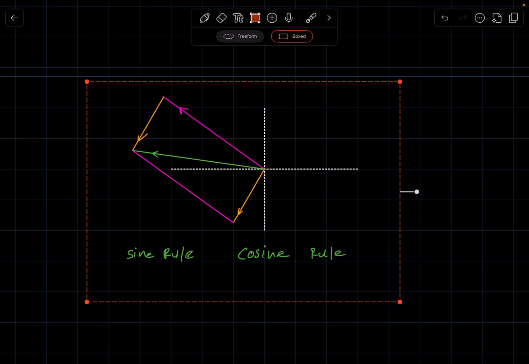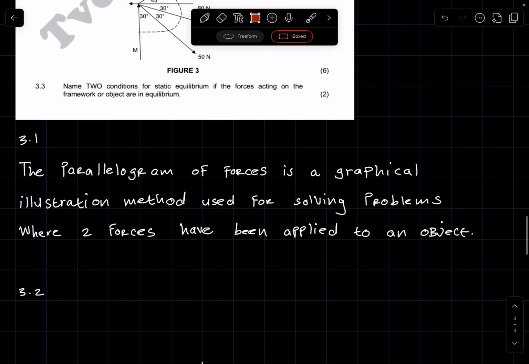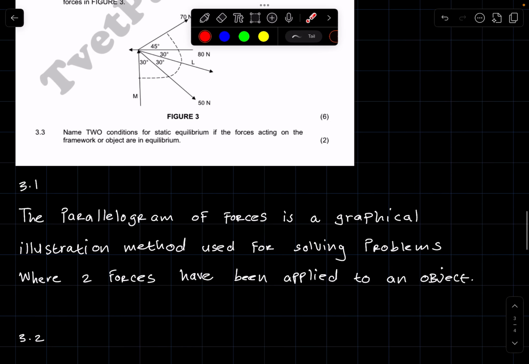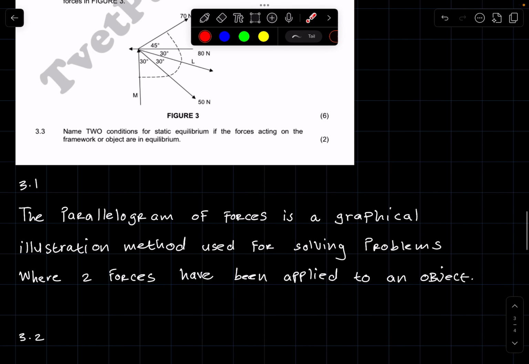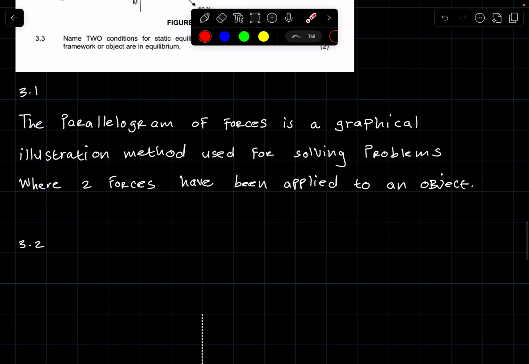That is when we'll get deeper into it. But just to answer this question, that's what the parallelogram of forces or parallelogram of vectors is, and you can use this definition to define the term.